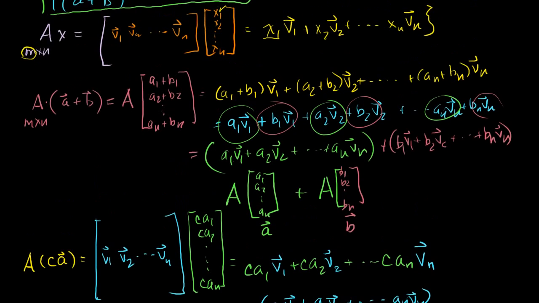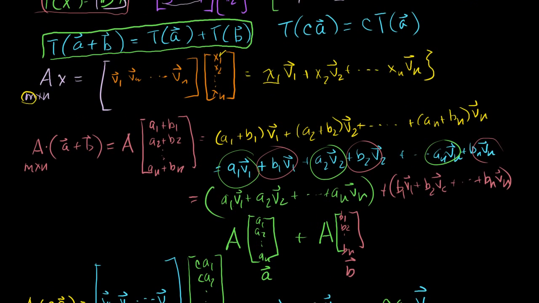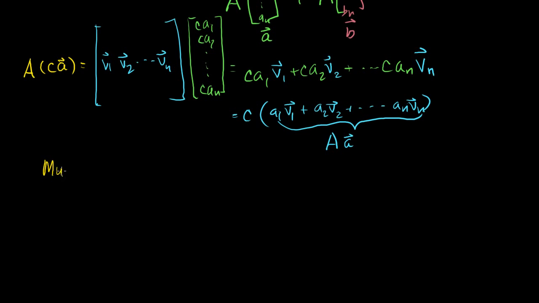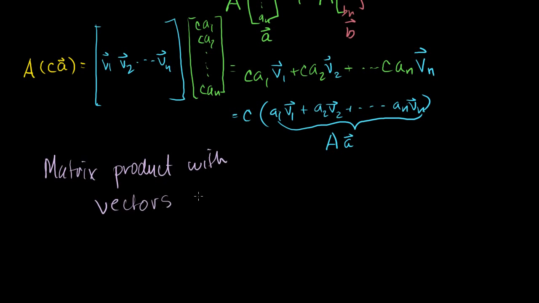So we've shown you that matrix vector products satisfy this condition of linear transformations and this condition. So the big takeaway right here, and this is an important takeaway, is that matrix multiplication, or matrix products with vectors, is always a linear transformation.